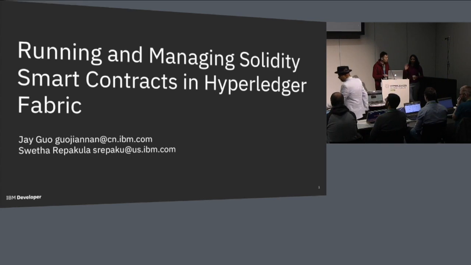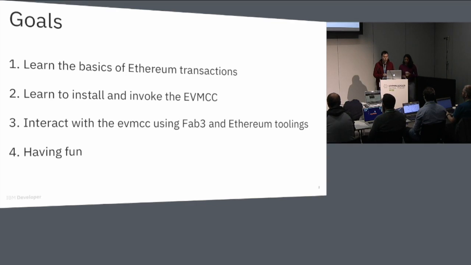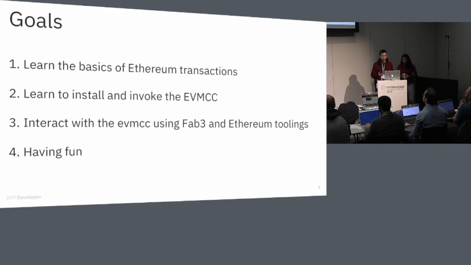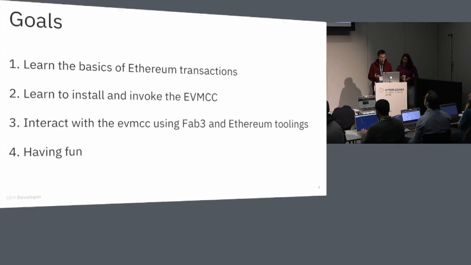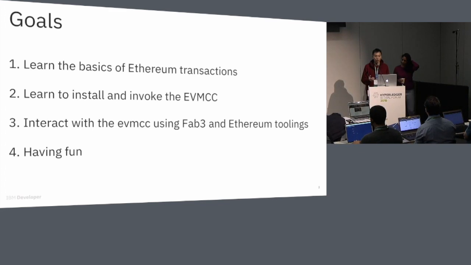This is Swetha Repakula from IBM United States, and I'm Jay from IBM China, and we are among the first several people working on this project. The goal today is to go through some basics of Ethereum transactions, so people have a basic idea how that works. We're going to learn how to install and invoke EvoCC, which is the runtime for Ethereum contracts.